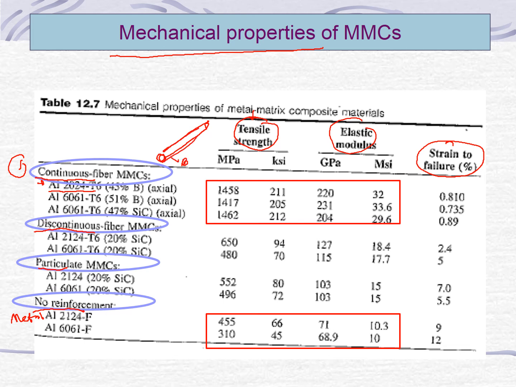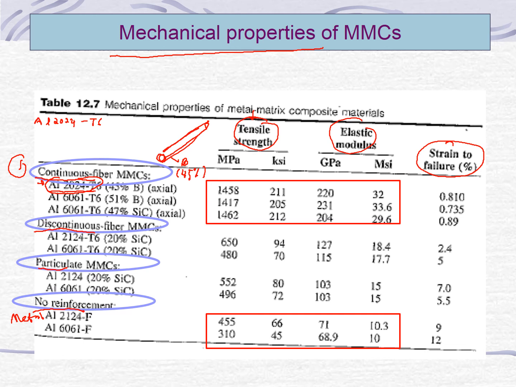The percent of the boron is 45%, added to the metal matrix. And the metal matrix is aluminium 2024-T6.